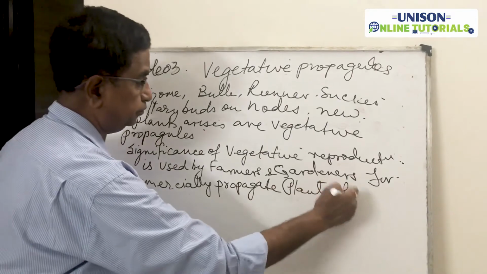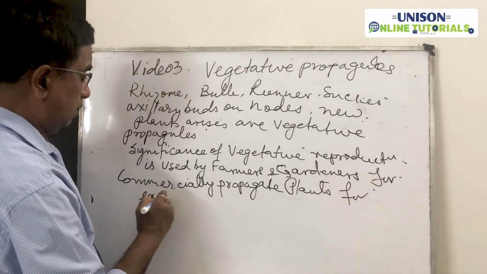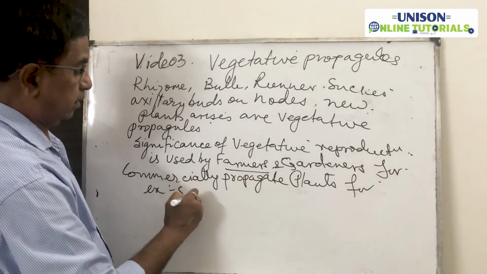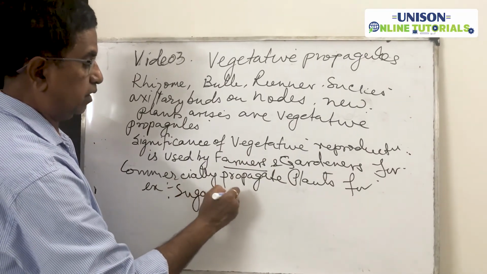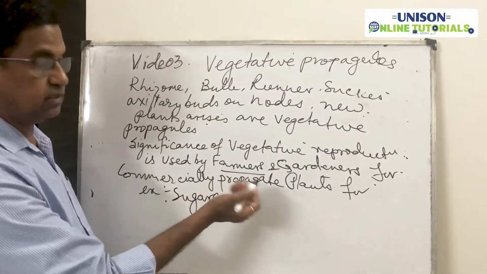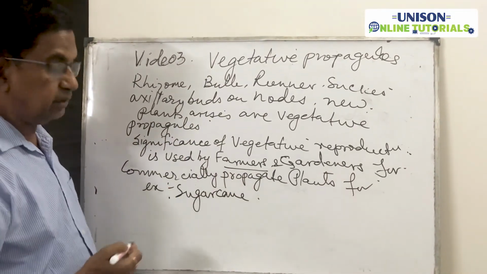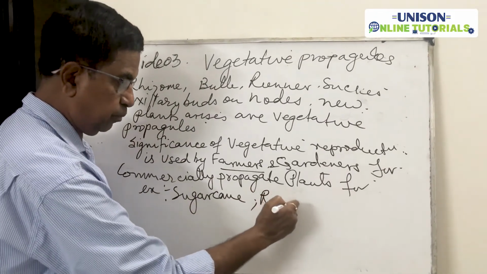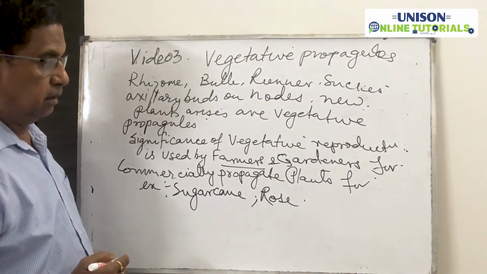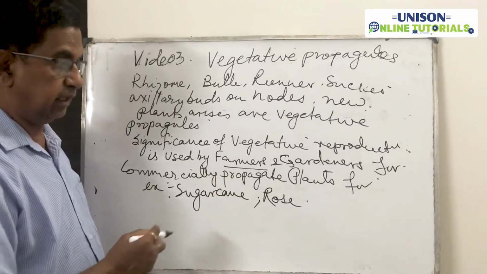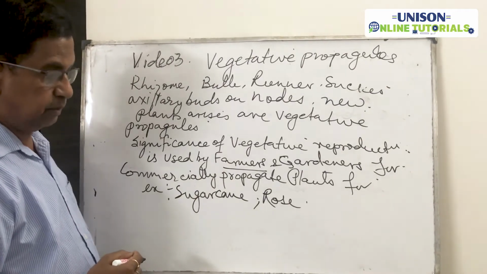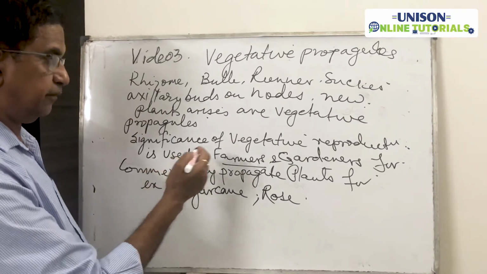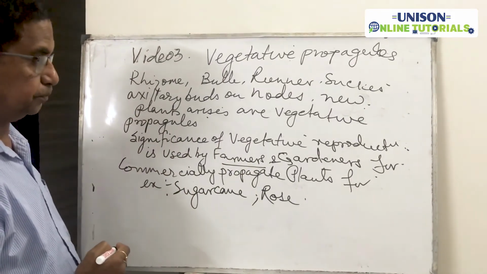For example, farmers use sugarcane for commercial propagation so that they can sell it to the sugar mills and earn money. And gardeners propagate roses in their nursery so they can sell them to customers who come to purchase rose plants. So this is the significance of vegetative reproduction.